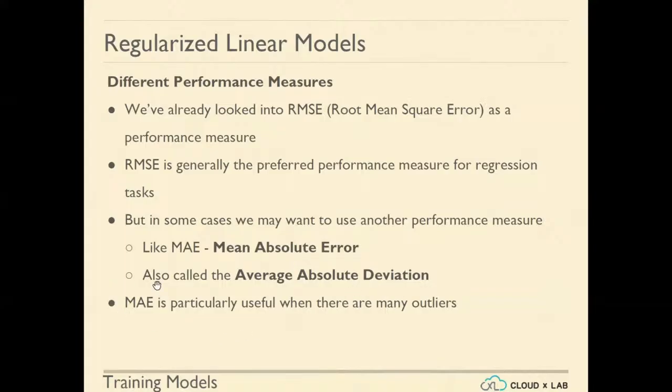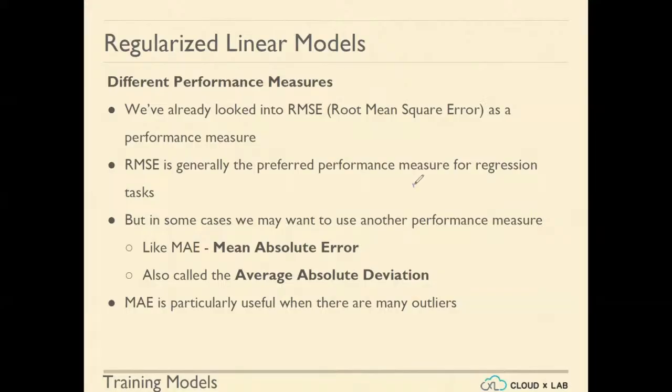MAE is particularly useful when we have outliers in our data set. When we have outliers, we generally prefer absolute error over squared error.